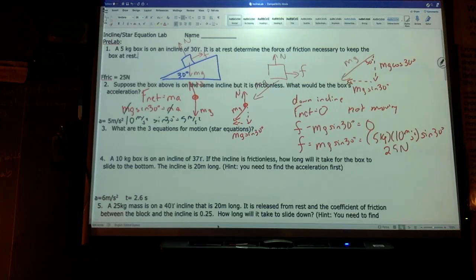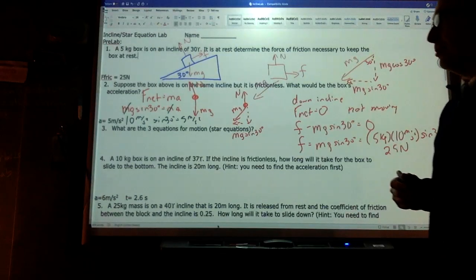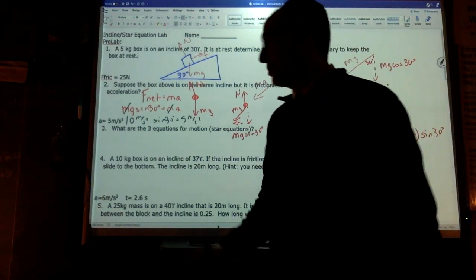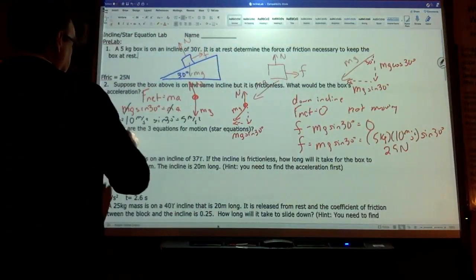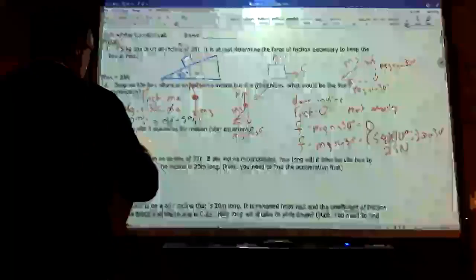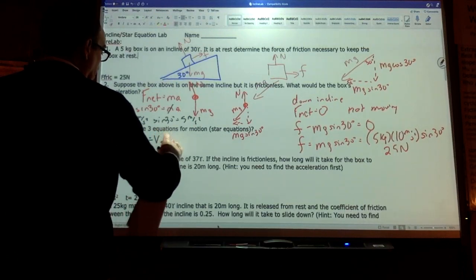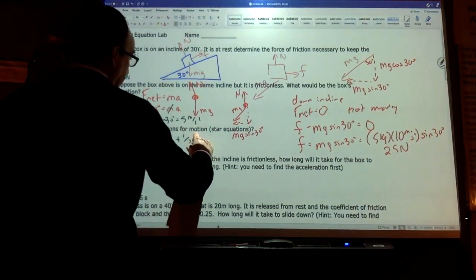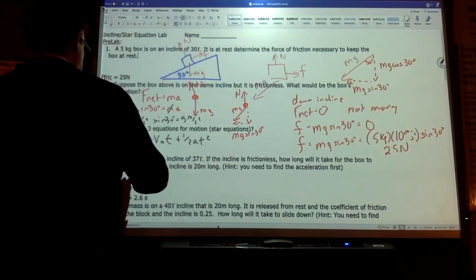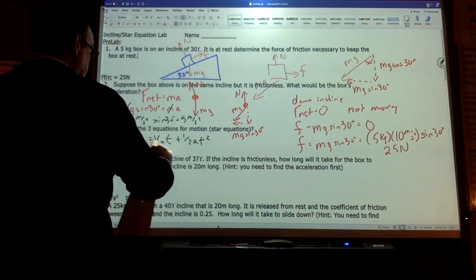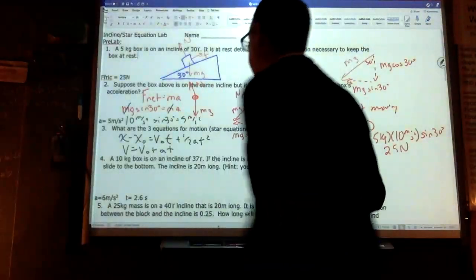All right, what are the 3 equations for motion? So these are constant acceleration equations, if you remember. So it's x minus x naught is equal to v naught t plus 1/2 at squared. It's v equals v naught plus at.